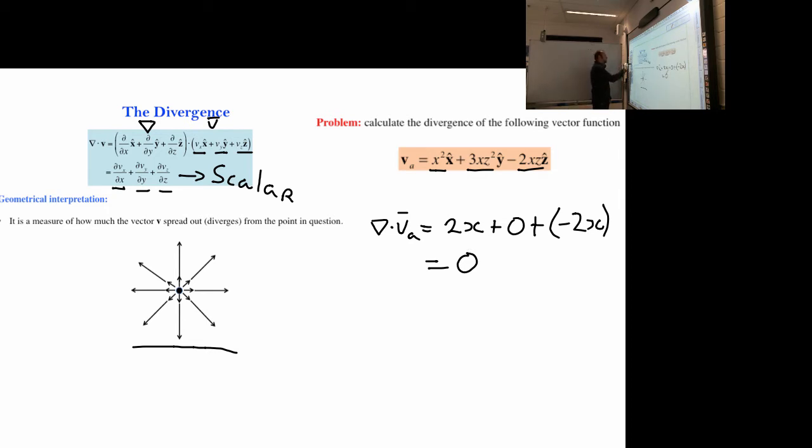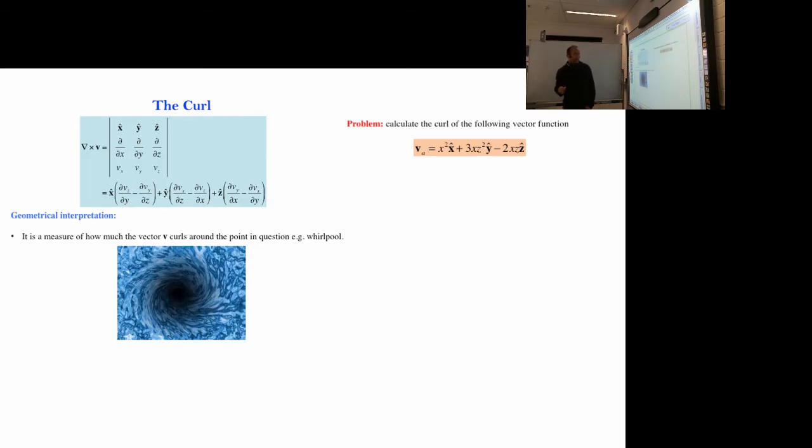We'll also consider the curl of a vector function, and the curl essentially is how much twist there is, or how much that vector will curl around some point. And here's quite a nice picture of a whirlpool. Now, the divergence of a vector function gave a scalar. The curl of a vector function gives a vector.